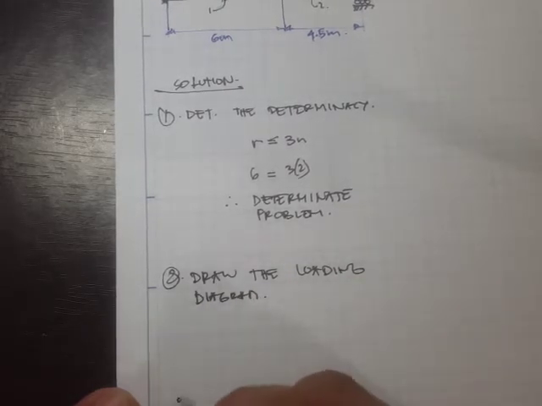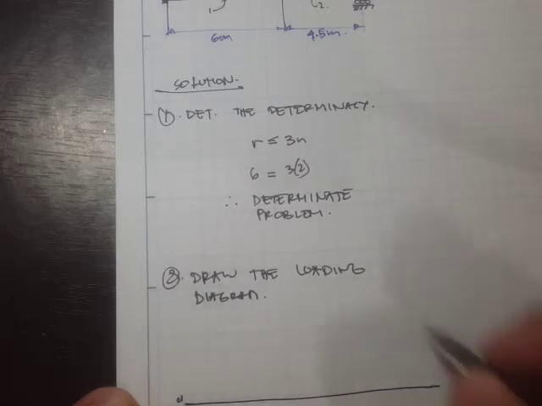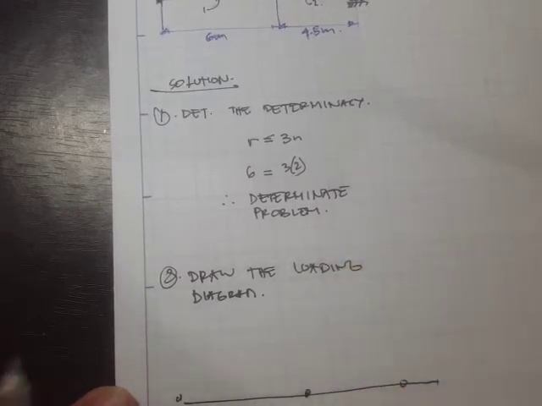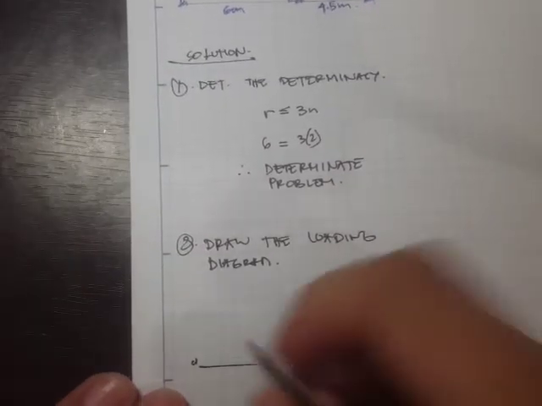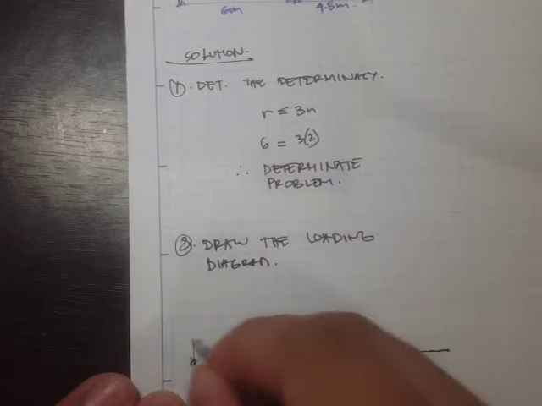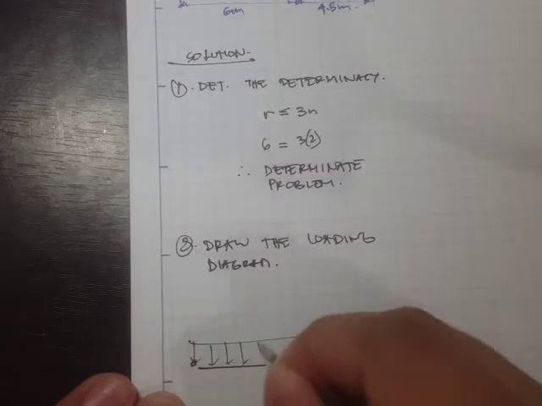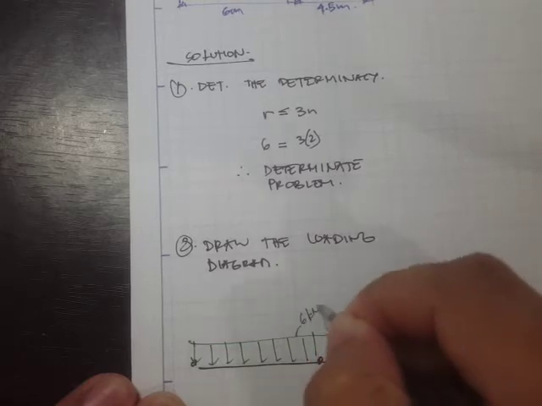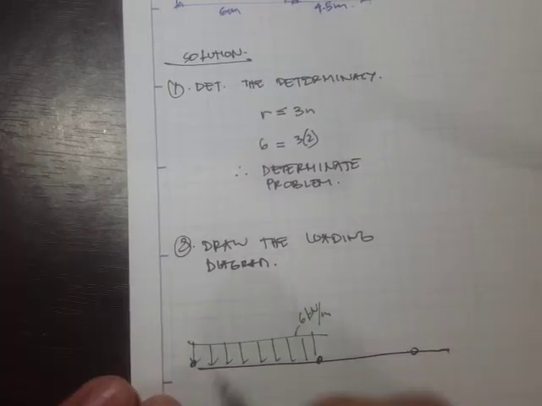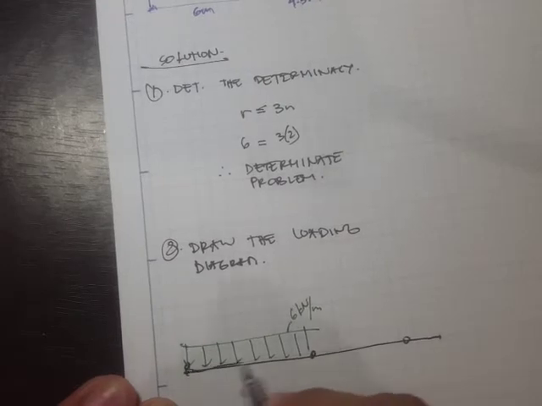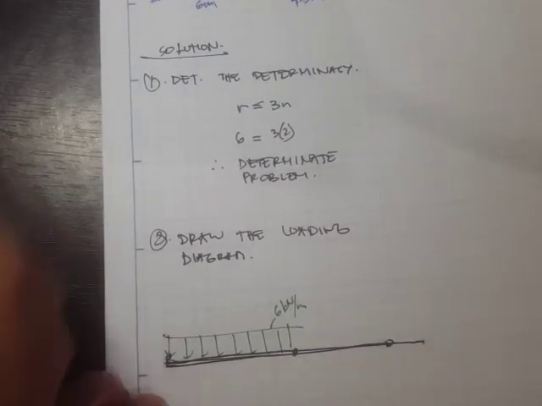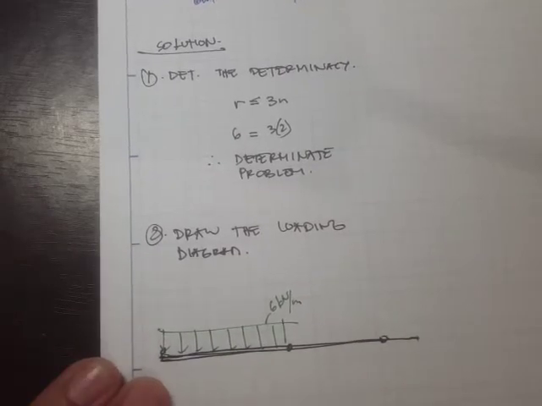Okay, so right here we have a fixed support. So this is 6 kilonewton per meter. Okay, and what else?